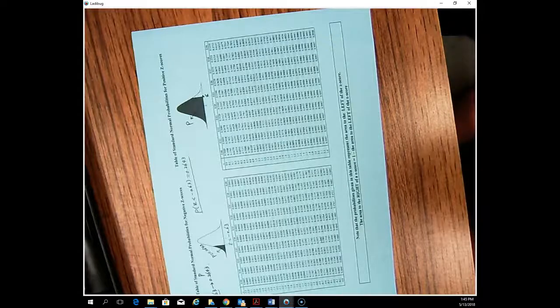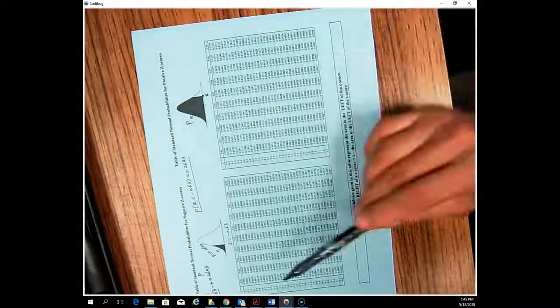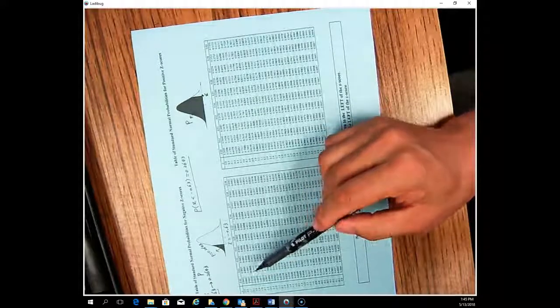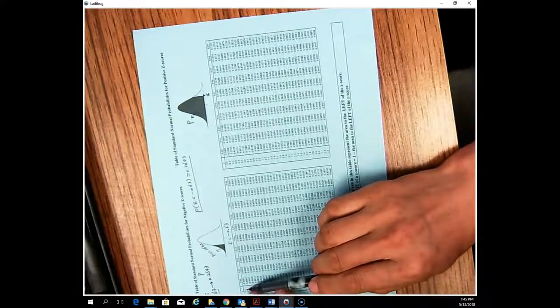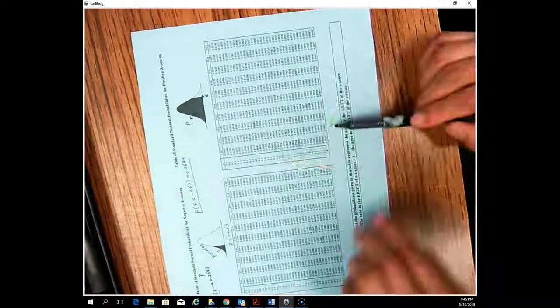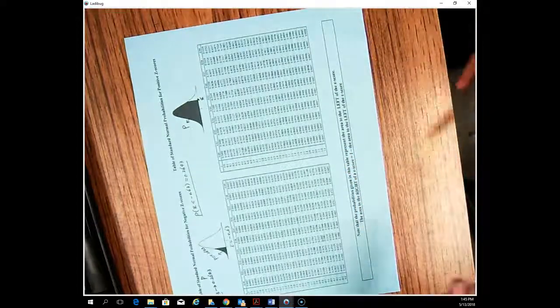If you want to find a z-score with more than 2 decimal places, then you basically just need to round it to 2 decimal places. When you look at the range of the z-scores, the z-table gives us all the z-scores between negative 3.49 and positive 3.49 with a step of 0.01.